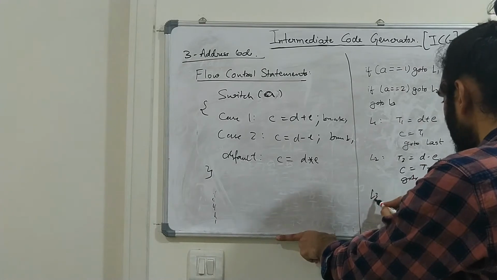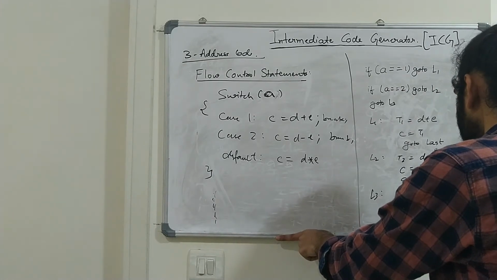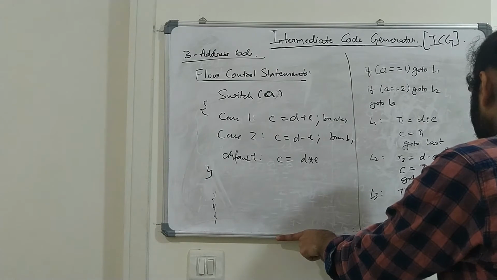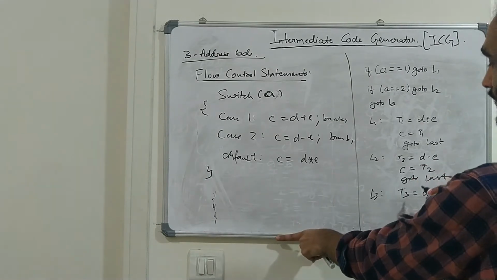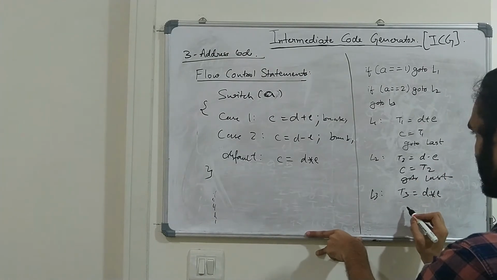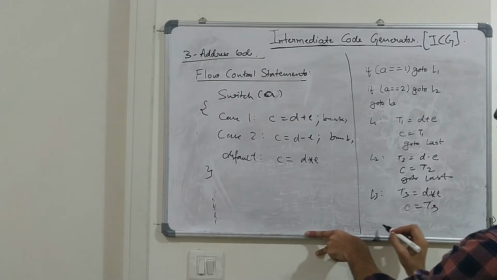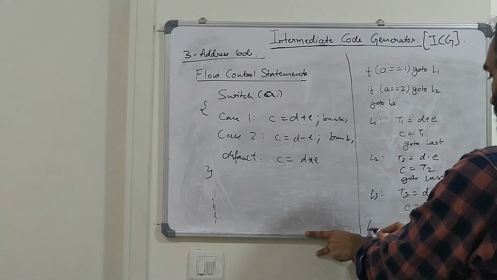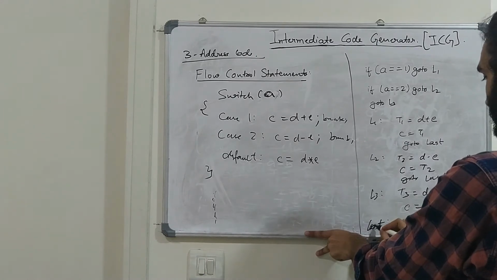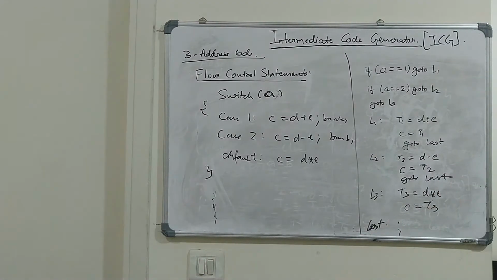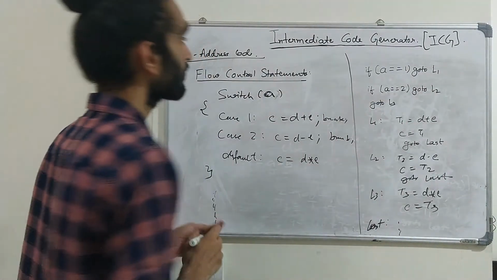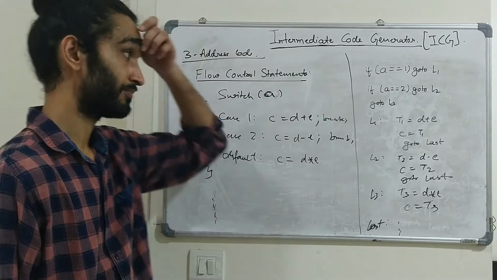Now your T3 is going to be here, T3 equals D into E, and C equals T3, and here, say suppose, your last begins, whatever expression you give. So now you understand how we write a switch statement into a 3 address code.